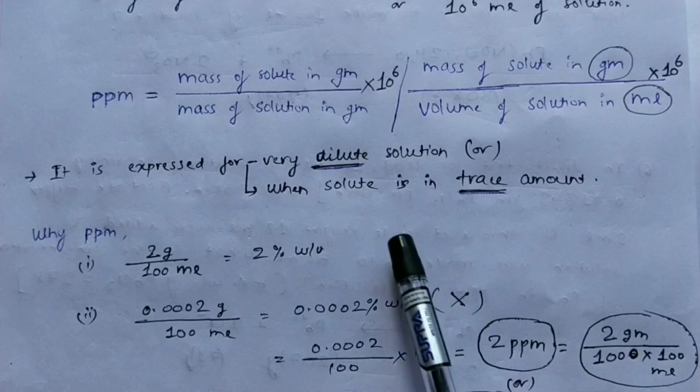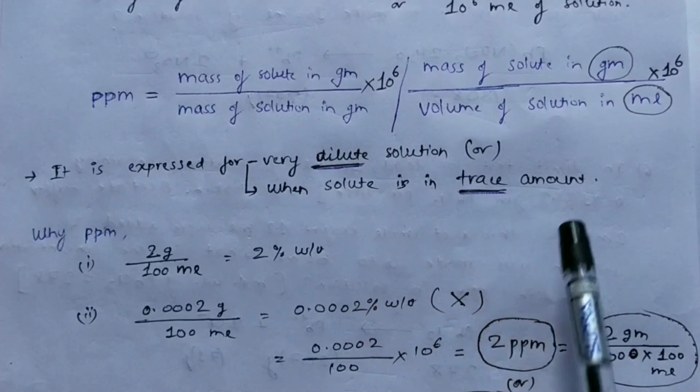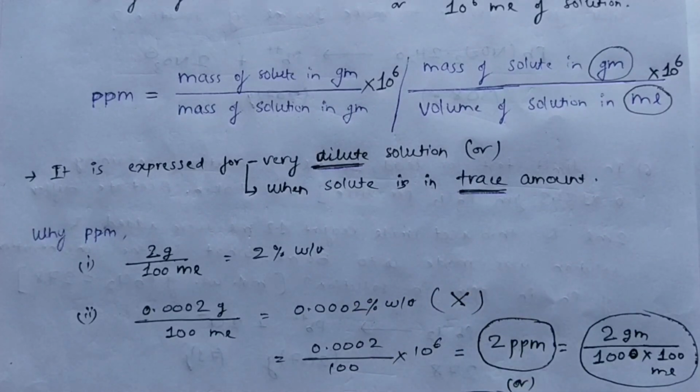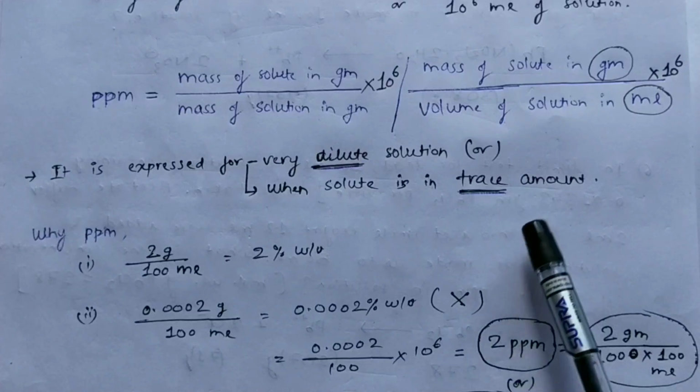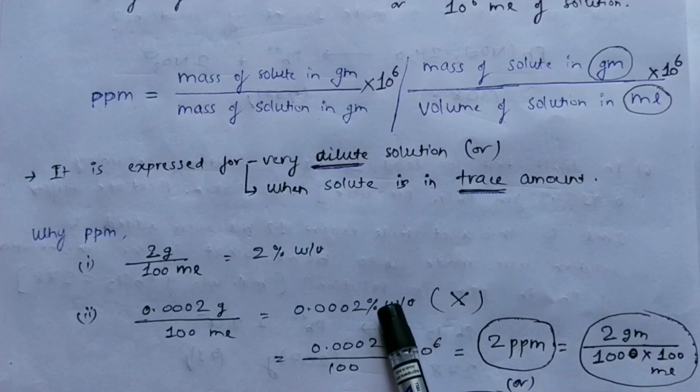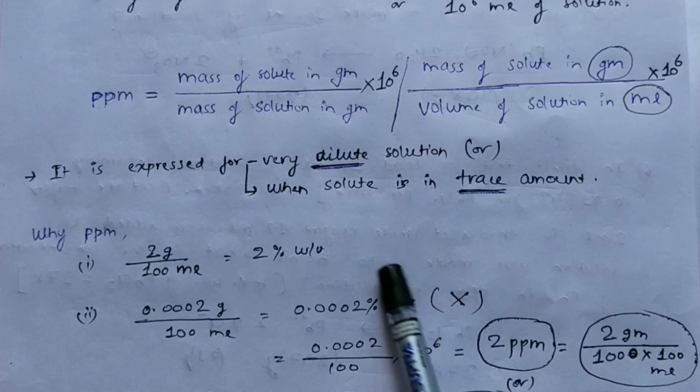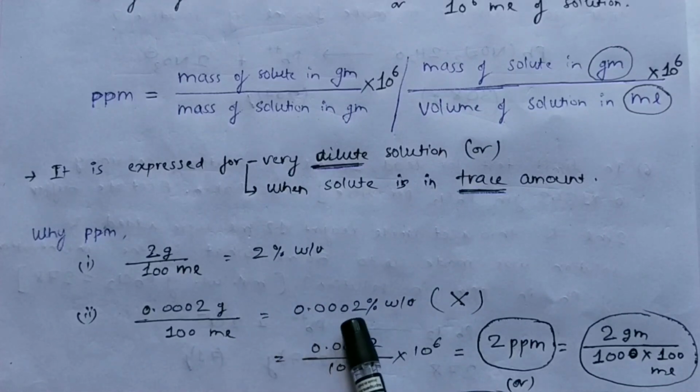That means the solute is present in trace amount in that 100 ml solution. So if you try to express it in weight by volume, then how much will you get? 0.0002%, which is not relevant to express, right? It doesn't seem good to express.